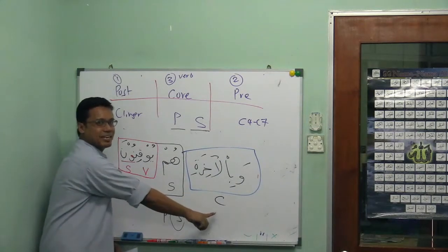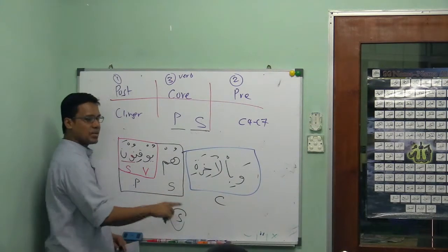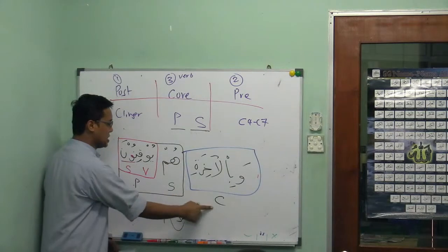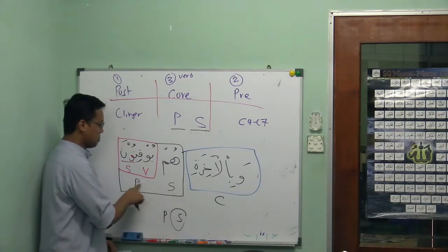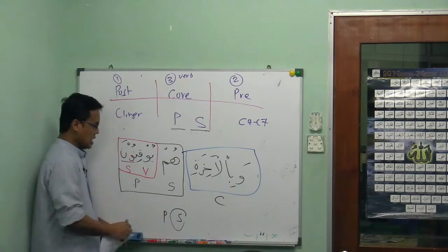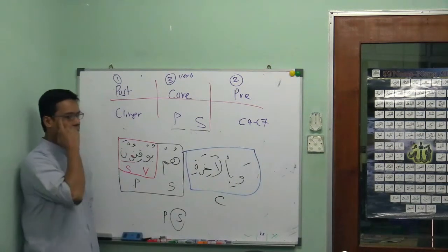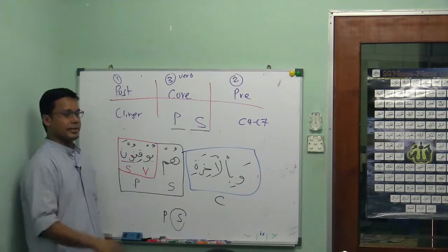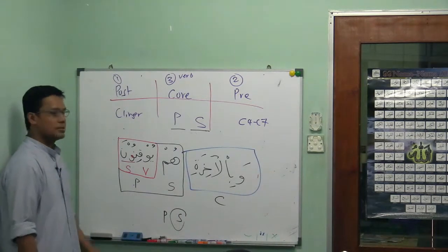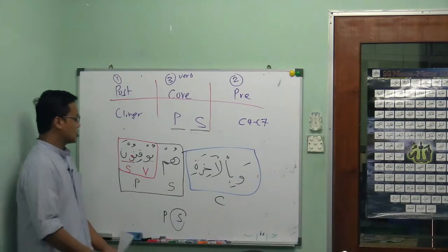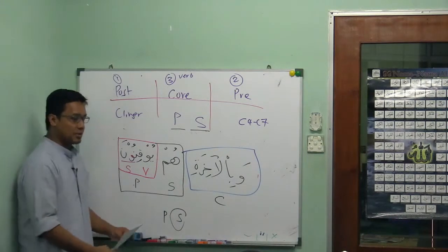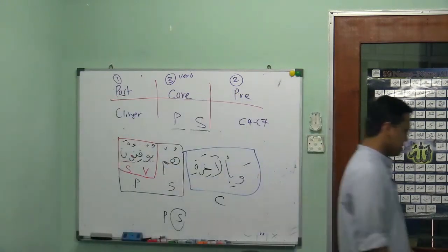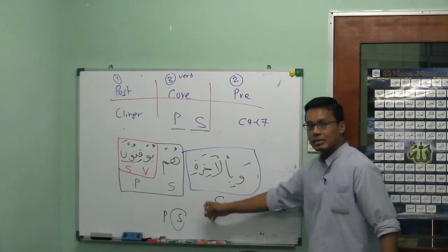Because C is at the front. So it's dramatic, so it becomes C, S, P. When SP is in the front together, then... So when it's dramatic, you know that the emphasis is where? Wabil akhirah.